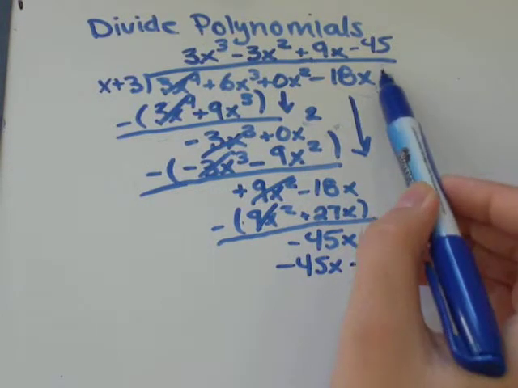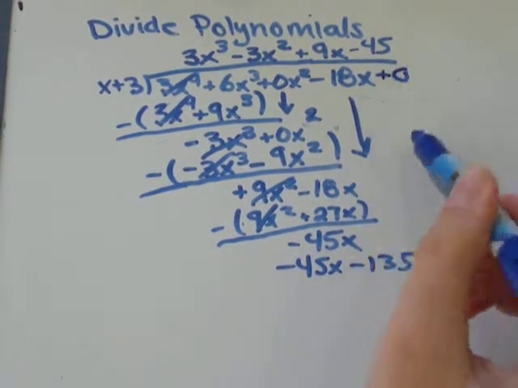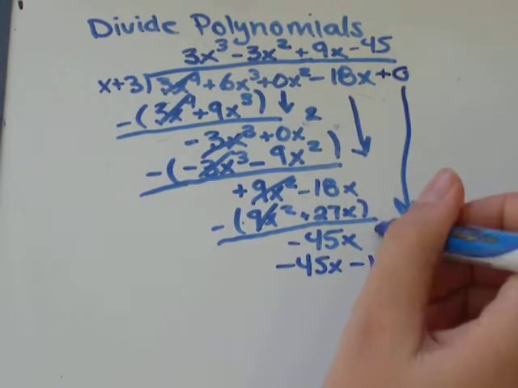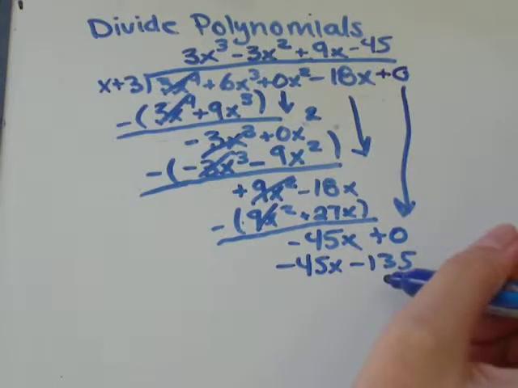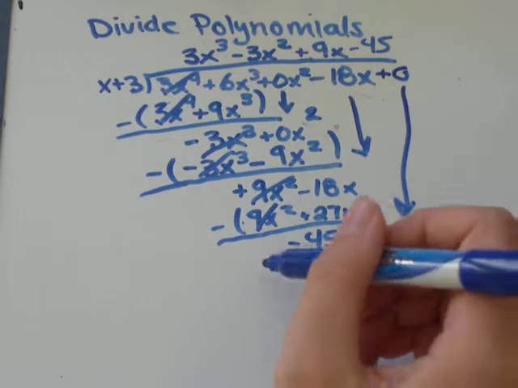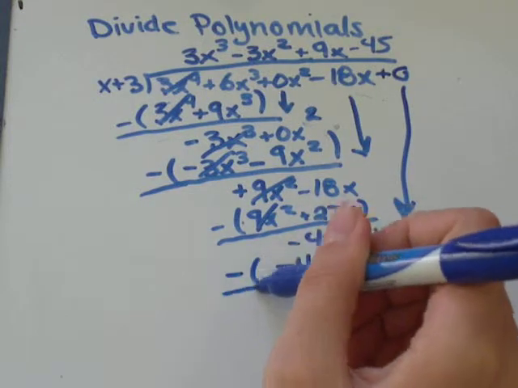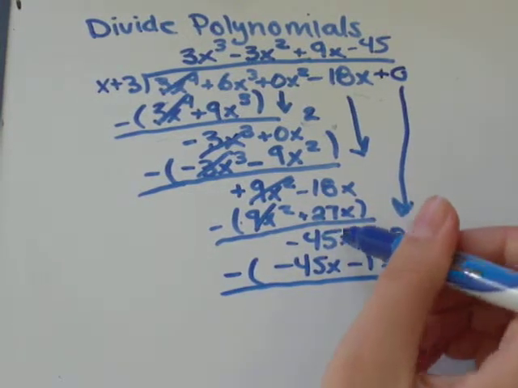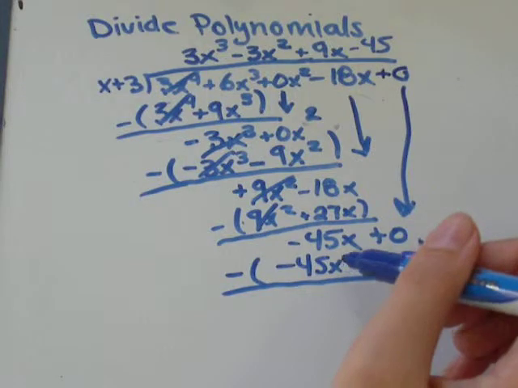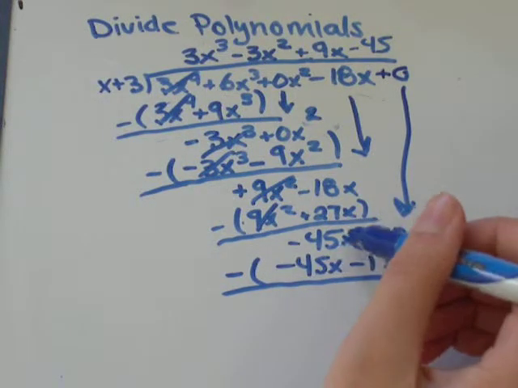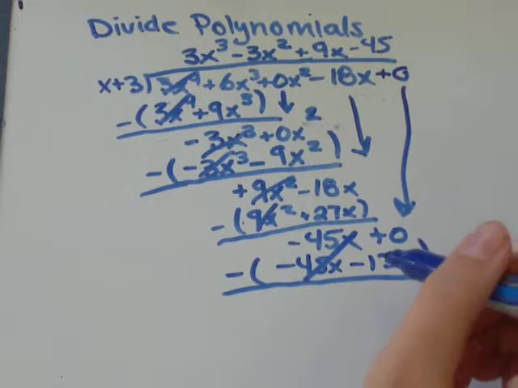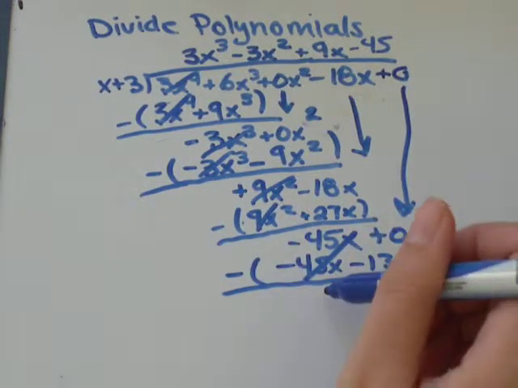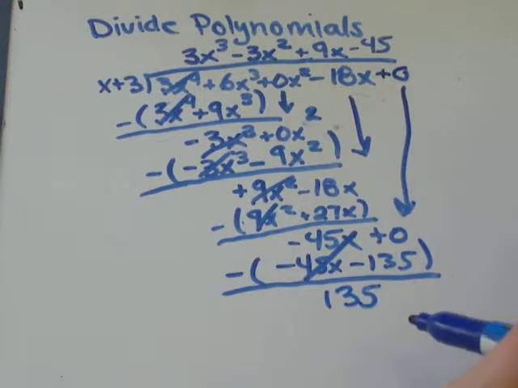We can assume that there's another term here that is just 0, that we should have brought down, just so we have a number term so that we can work with those. So let's subtract. Negative 45x minus negative 45x, that's the same as negative 45x plus 45x, so they cancel out. 0 minus negative 135 would be 0 plus 135, which would be 135.